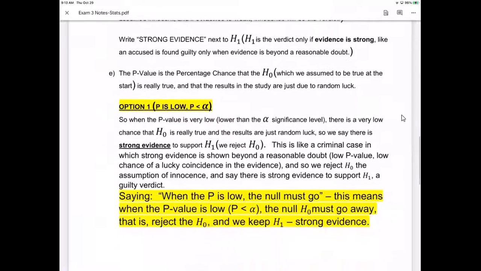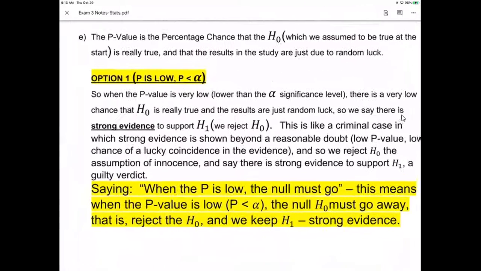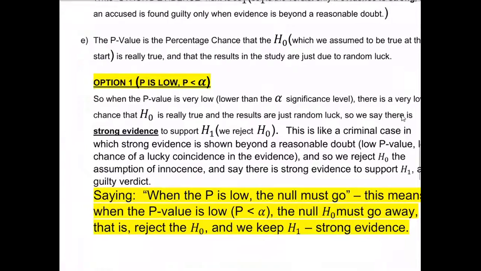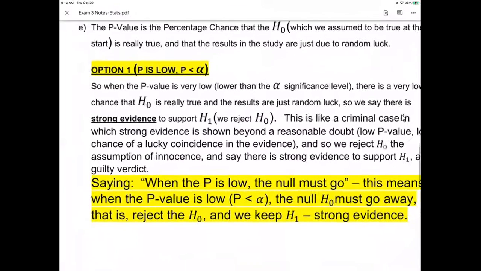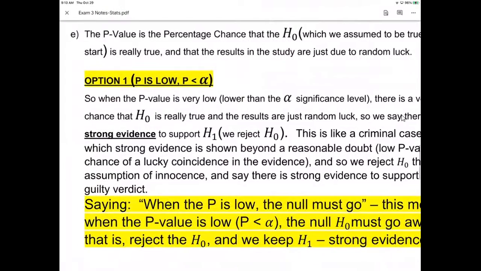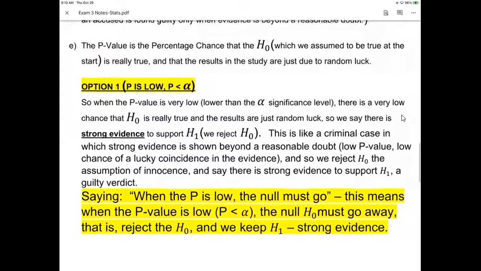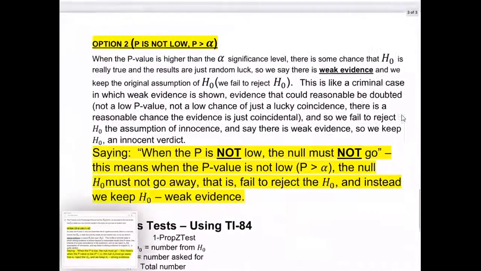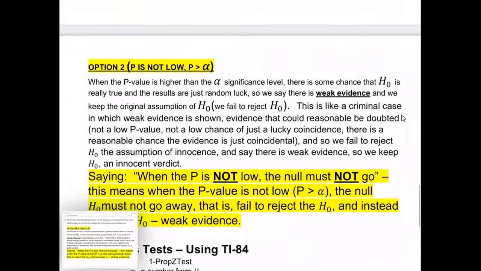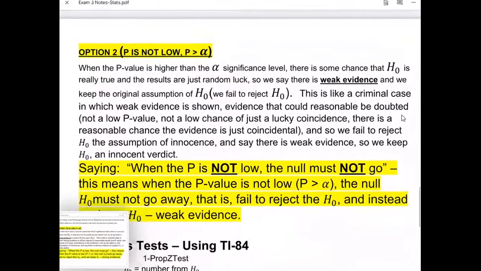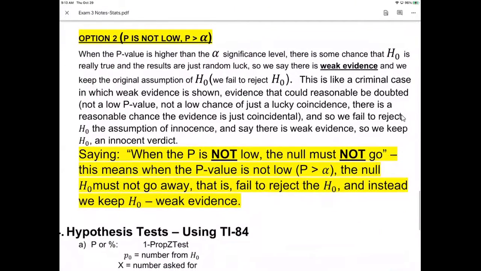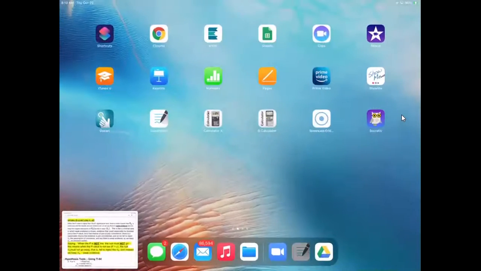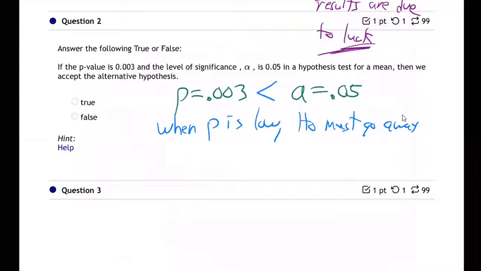I wrote option 1 and put the saying right in front of your eyes, and then I did option 2 also. Let me bring those over so you can see them easily.